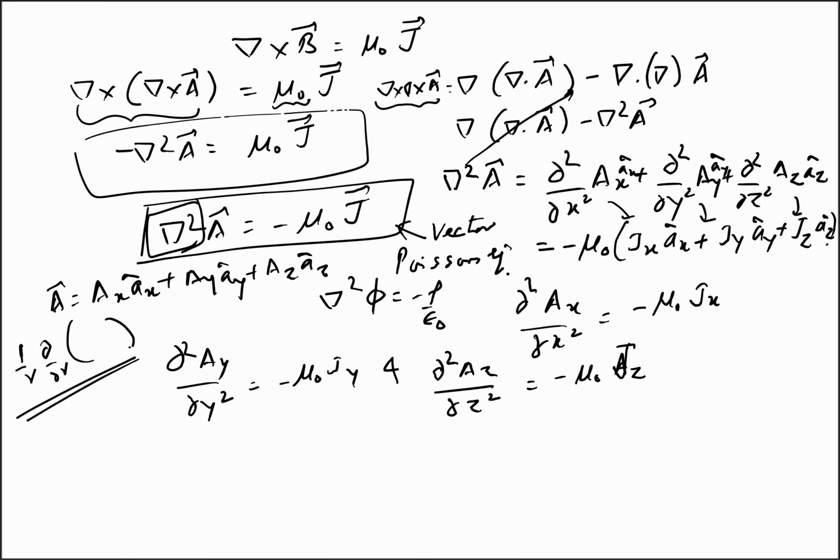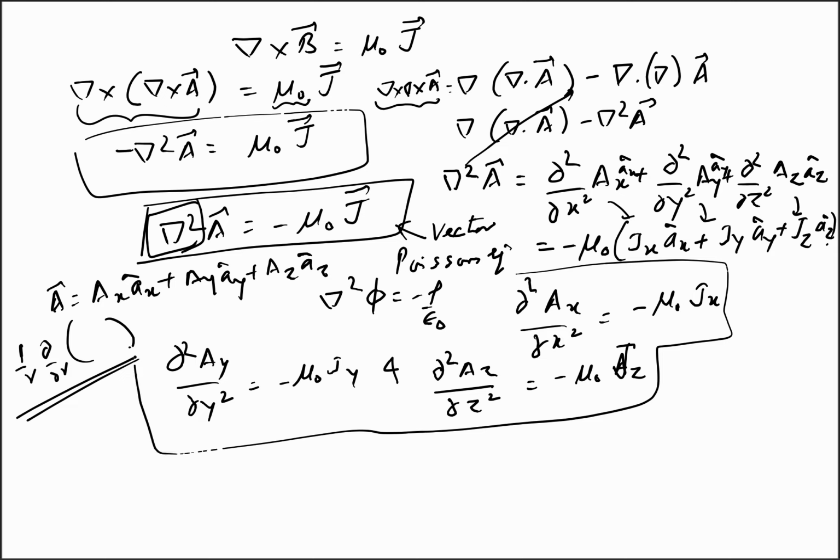But at least for the Cartesian coordinate system, we can write these three separate scalar equations which are similar to Poisson's equation, if I write mu naught J as equivalent to minus rho by epsilon naught.